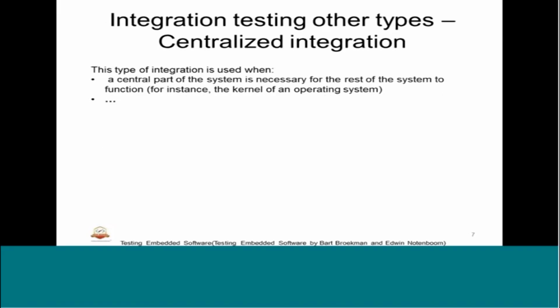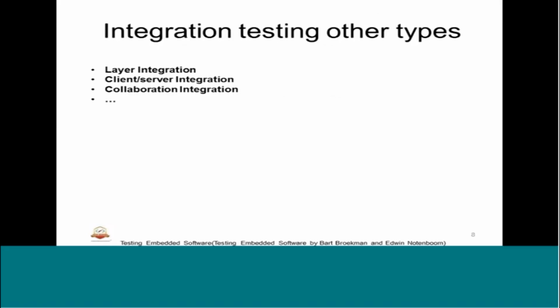So we have studied bottom up, top down, big bang. I'll just list out the types of integration testing and the strategies that we have seen so far. Top down, bottom up. What is the other one? Big bang. Next one is the hybrid, centralized, layer.